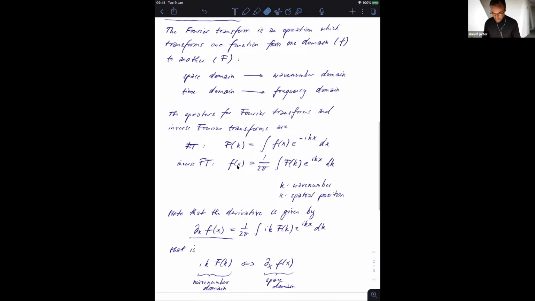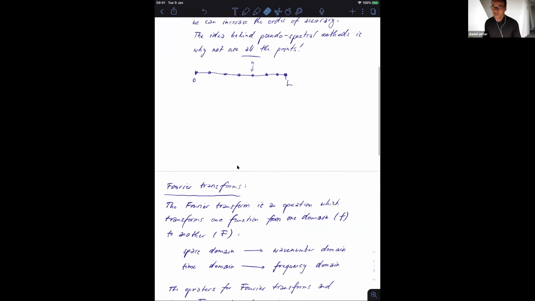So since we have a discrete number of points, we cannot do the continuous Fourier transform, but we have to do the discrete Fourier transform. And that is then where the approximation comes into effect.